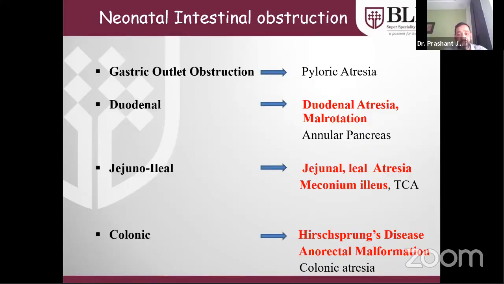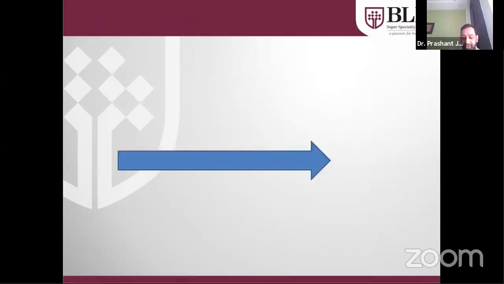Jejunal-ileal obstruction can be because of jejunal atresia, ileal atresia. Sometimes impacted meconium can cause ileal obstruction. And also sometimes colonic obstruction can be because of Hirschsprung's disease, anorectal malformations or colonic atresia. So we should be aware of all these different pathologies before interpreting the abdominal X-rays.